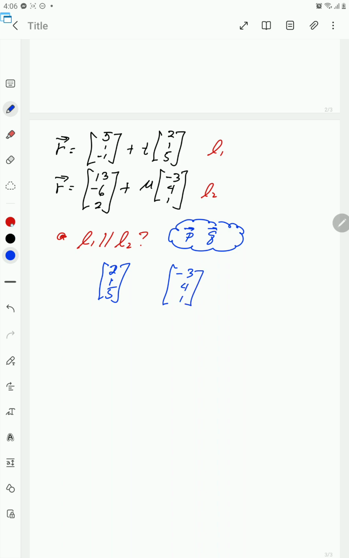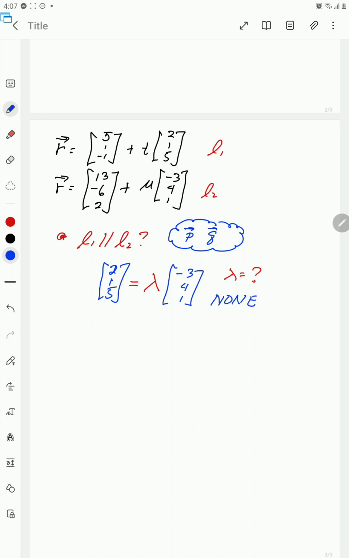Then what did we say? You find some lambda that will make them equal with each other. If there is a lambda that can make them equal, then it is parallel. In this case, there is none.